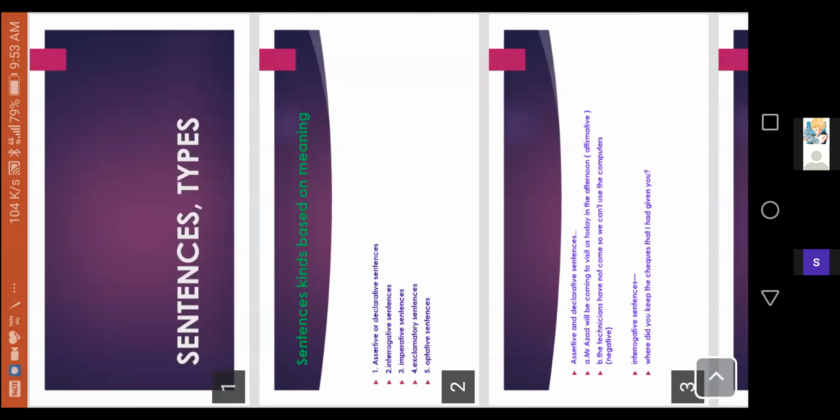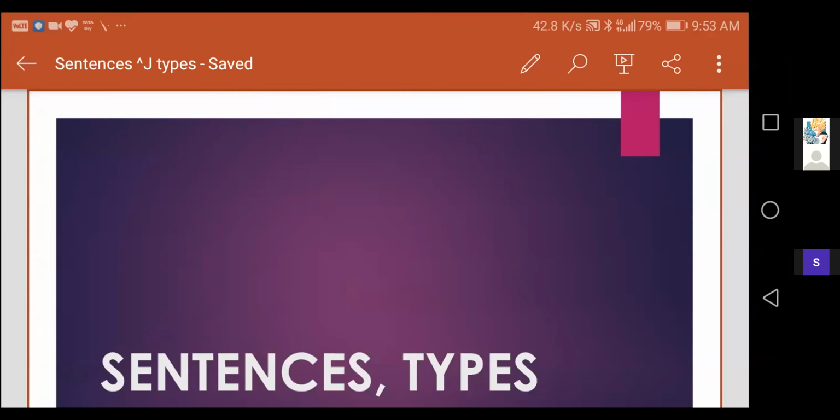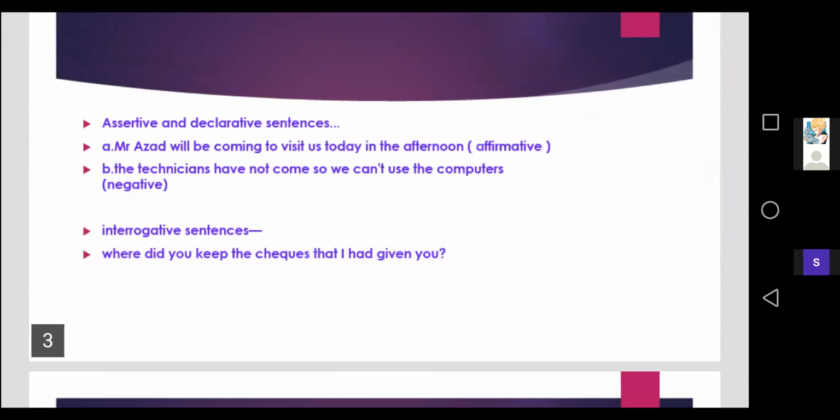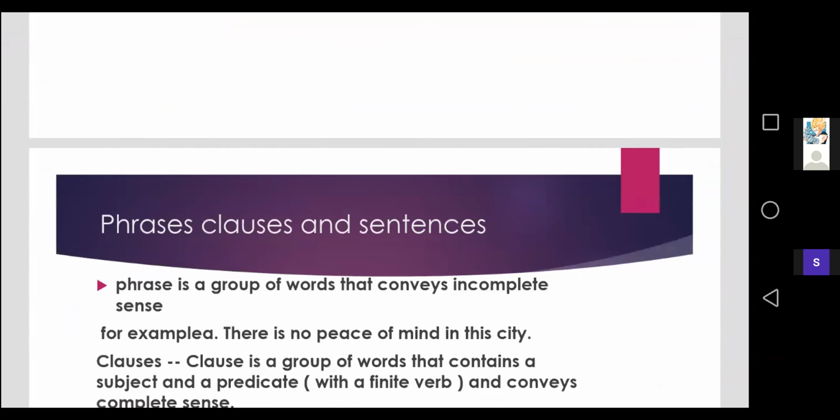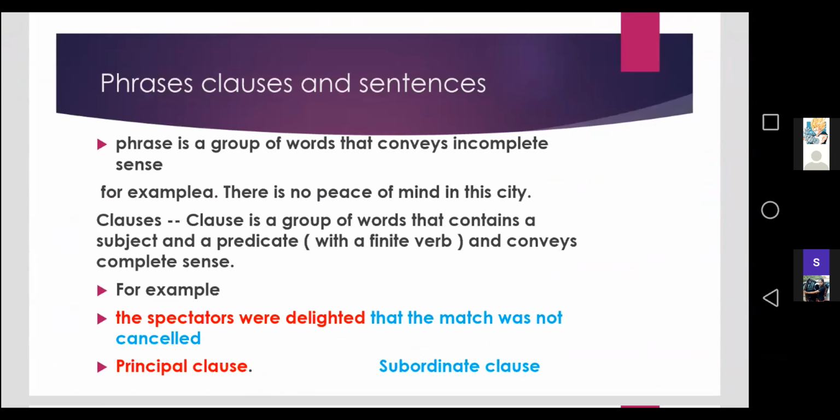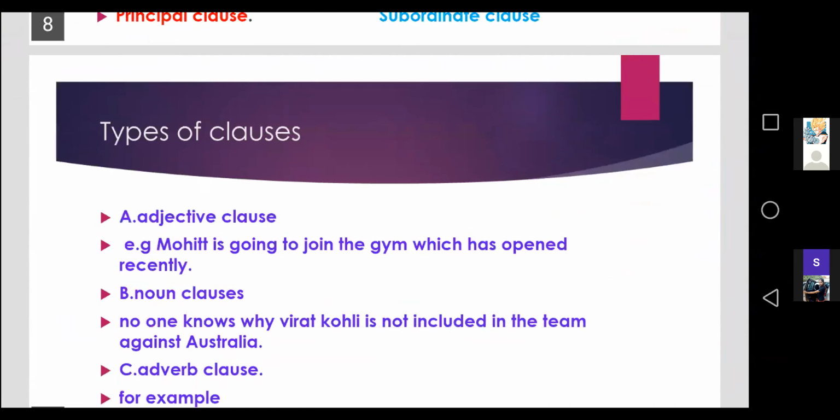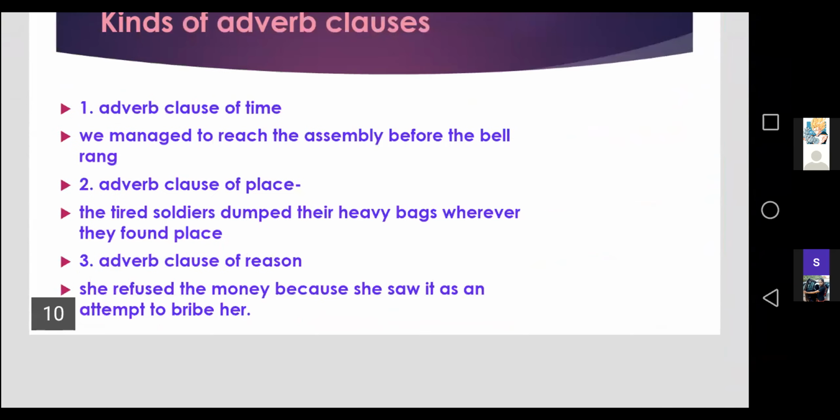So this was the PPT that I shared with you all. And we were about to start, or we have already started with phrases, clauses. Have I explained this to you all? Yes, ma'am. Already started. All right. So I have completed these adverb clauses.